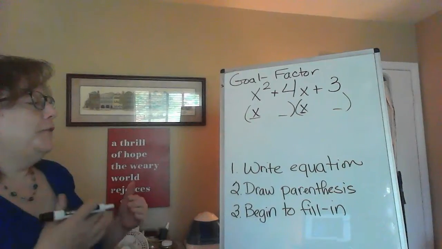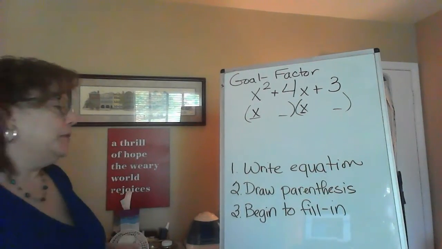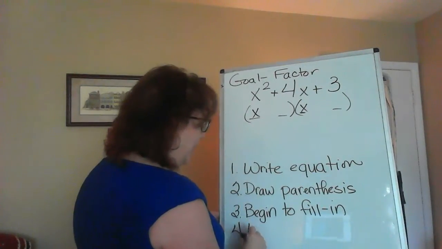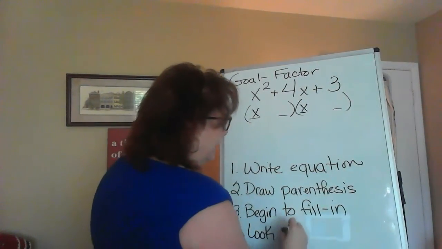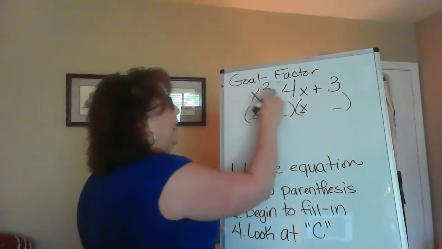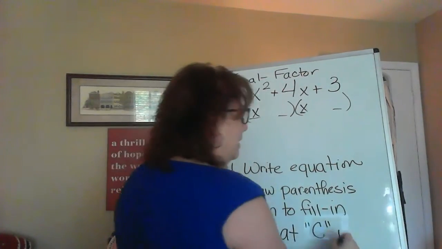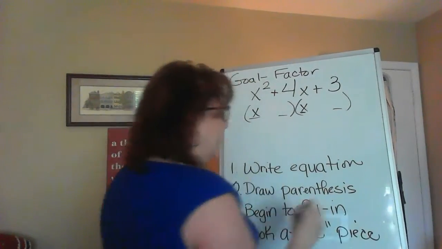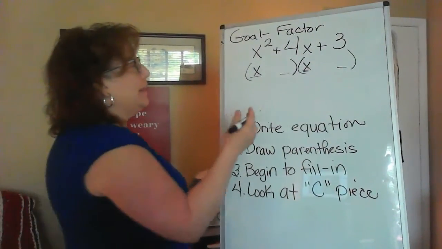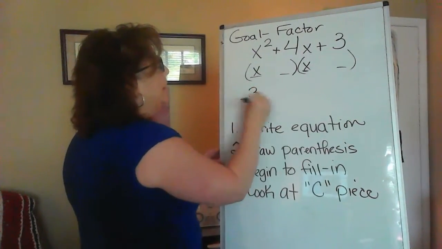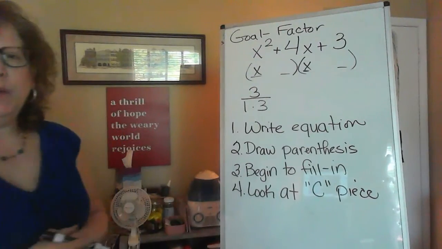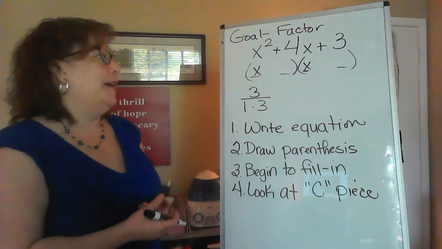And then to fill in the other numbers and the signs, we have to do a little bit of work. So this is where we have got to look at the C. Remember the C? A, B, C. We've got to look at the C piece of the equation. And so when we look at the C, we have a 3. And when we break that apart, the only thing we're going to get is 1 and 3, which does not have any other factors.